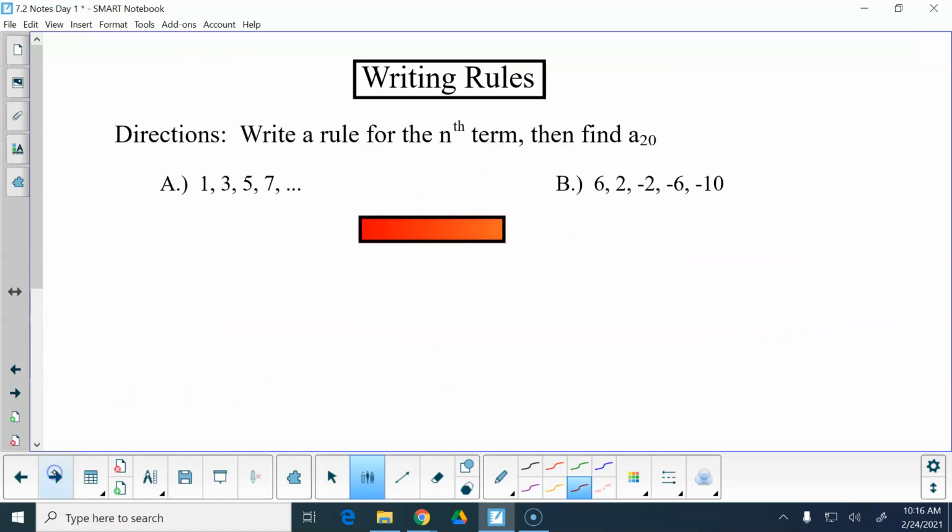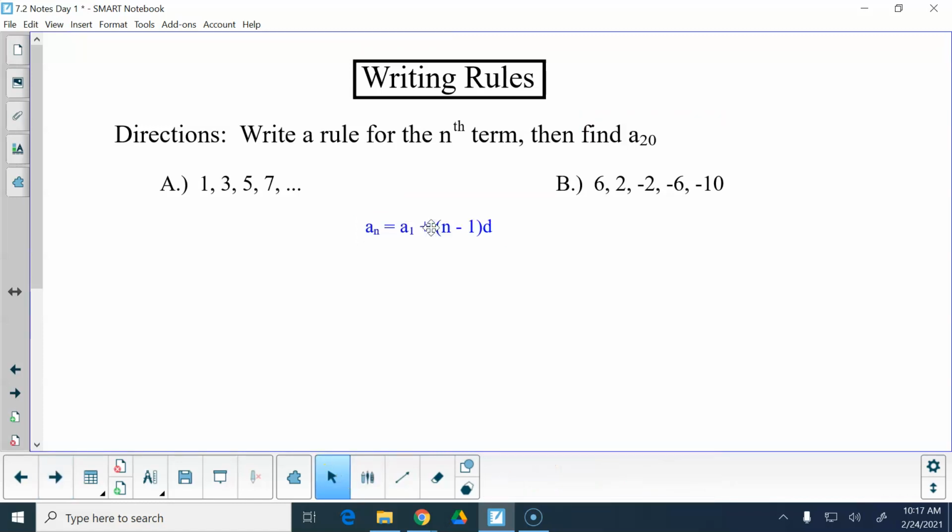All right, here we go. Write a rule for the nth term and then find the 20th term. Okay, we can handle that. So there is our rule again. We need the first term and the common difference. When it's listed out like this, the first term is that very first number.